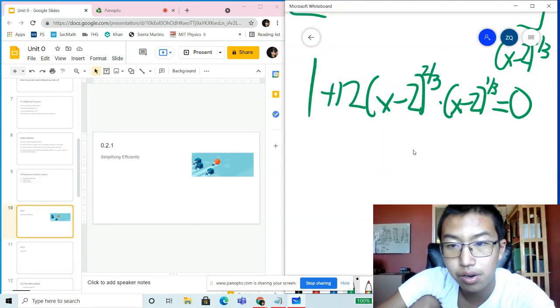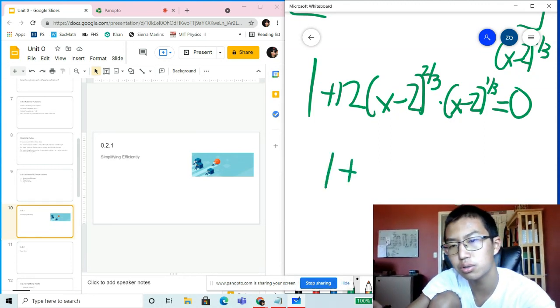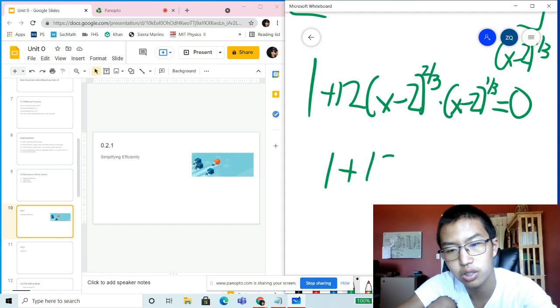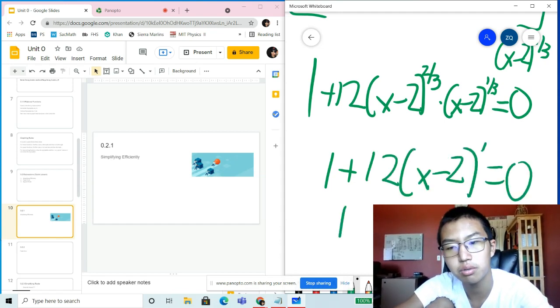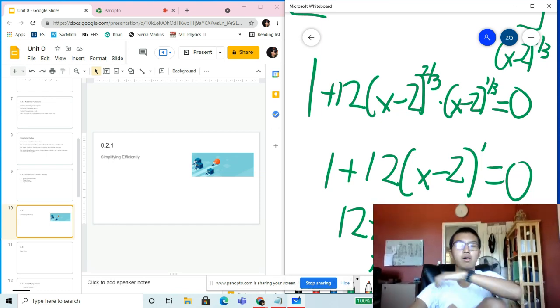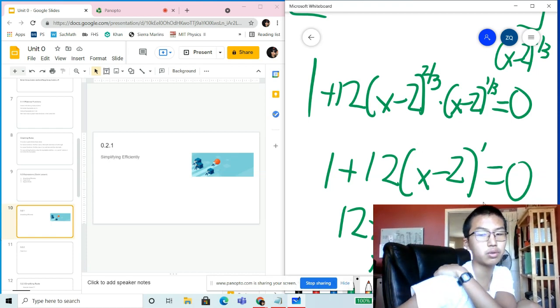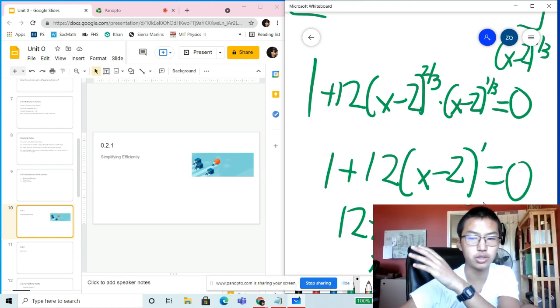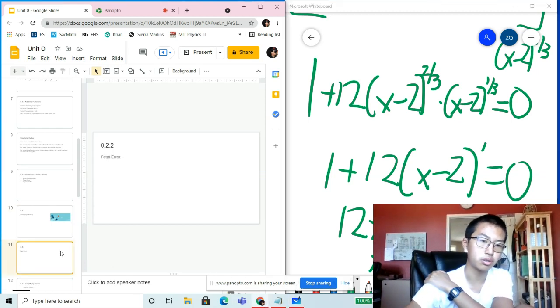Something to the 2/3 times something to the 1/3 is something to the 1. So we get x minus 2 to the 1 equals 0. Now we get 12x minus 24 plus 1 equals 0, and x is 23 over 12, because negative 24 plus 1 is negative 23. So that was the first part. Pretty darn good.